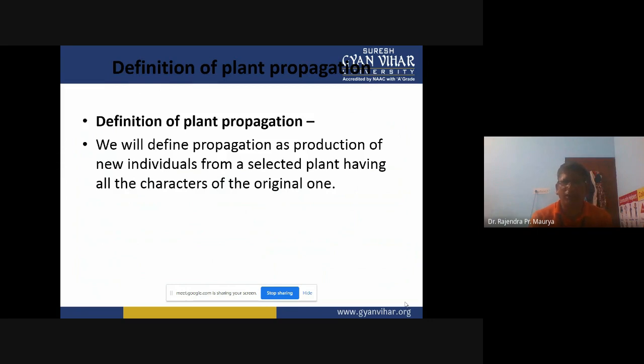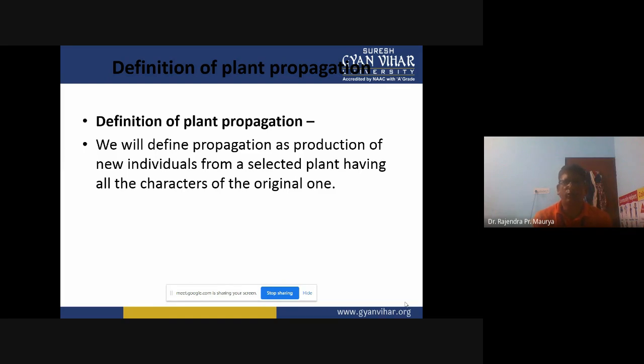So, definitions of plant propagation. We define propagation as the production of new individuals from a selected plant having all the characters of the original one. This definition is only applicable to asexual or vegetative propagation, because only in vegetative or asexual propagation is it possible to select the plant having all characters of the original one.